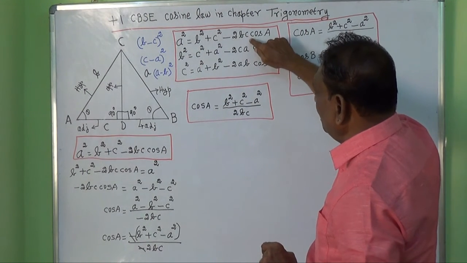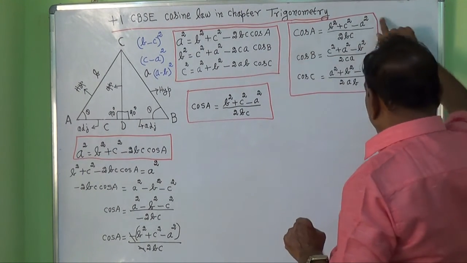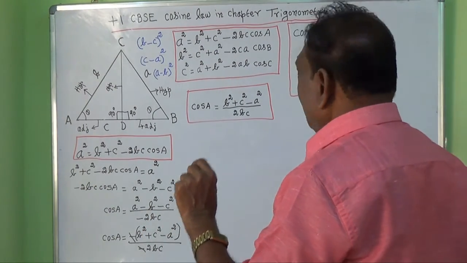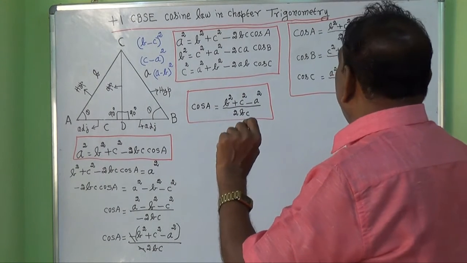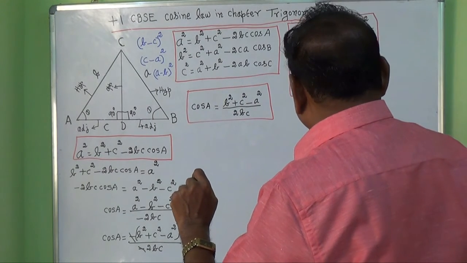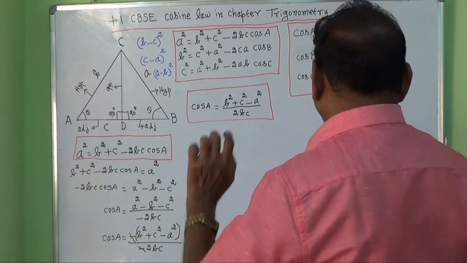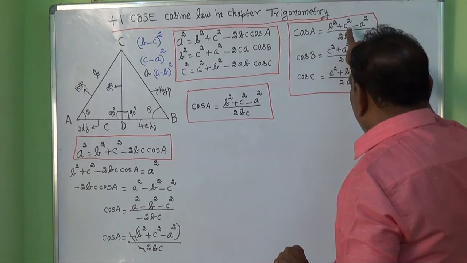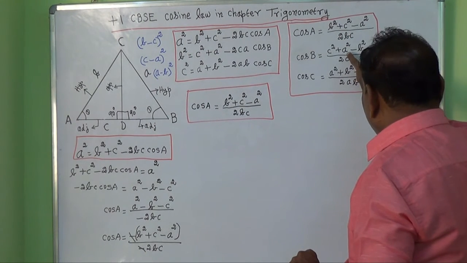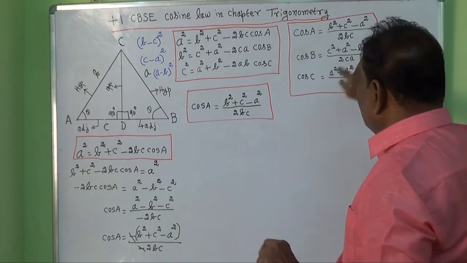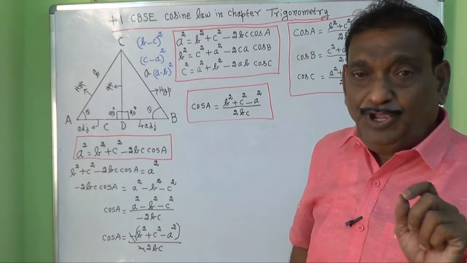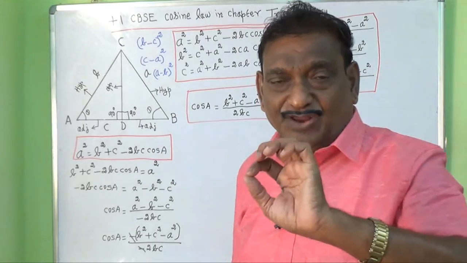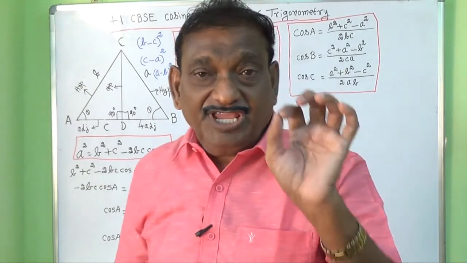After the side c, the side a is written. Here also, if we know the formula for cos A, we can write the formula for cos B and cos C in the same way. After the side b, the side c comes. After the side c, the side a comes. After the side a, the side b comes. So if we know the one formula, we can write the other formula very easily.